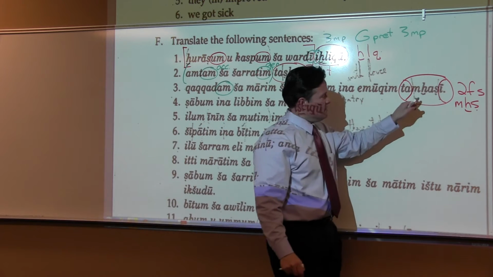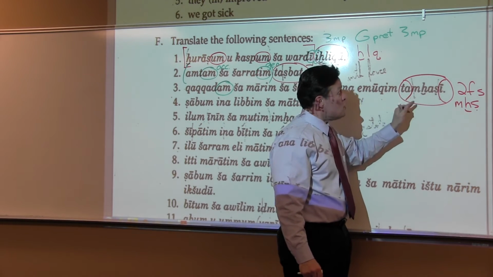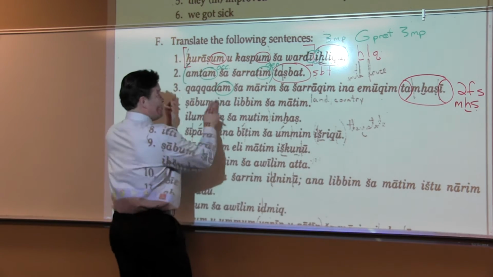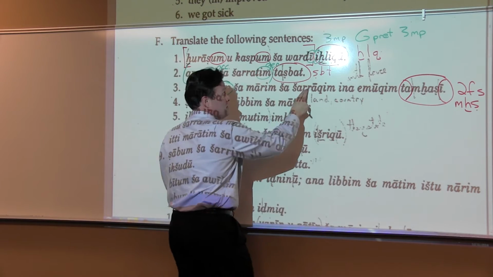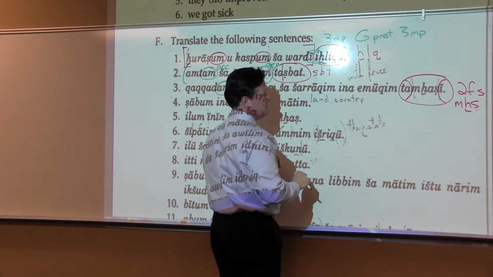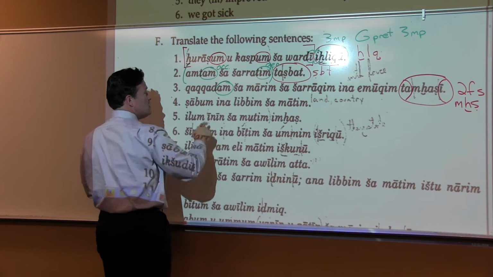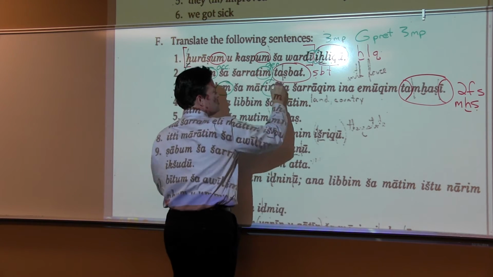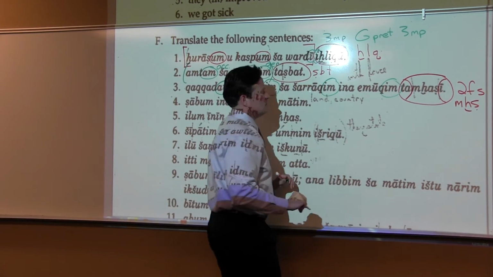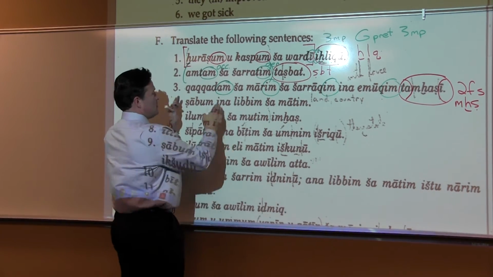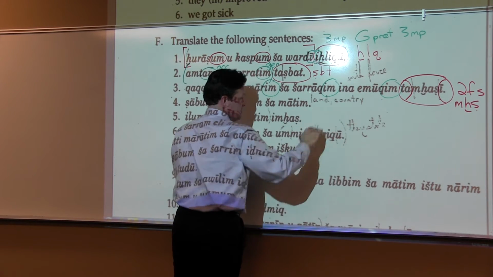So the verb is at the end, as is typical in Akkadian. You, feminine singular, struck the head of the son of the thief with force. So what are the cases that we have? We have accusative, then genitive, genitive.